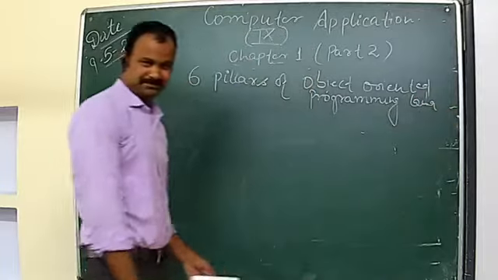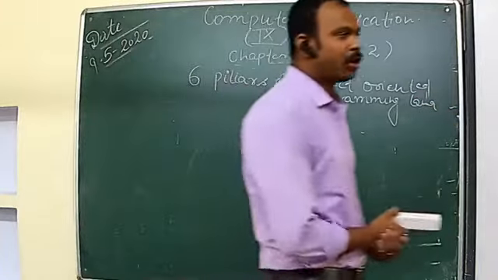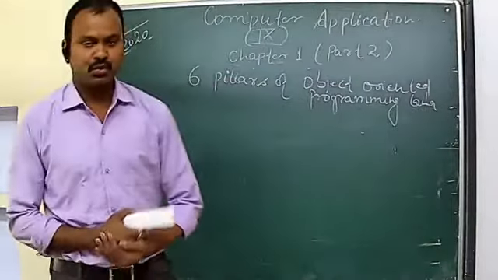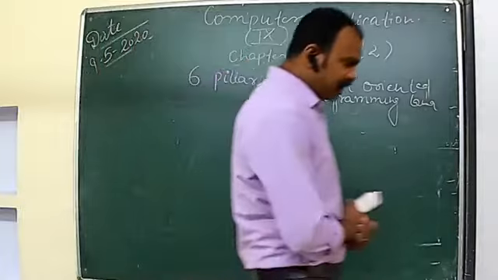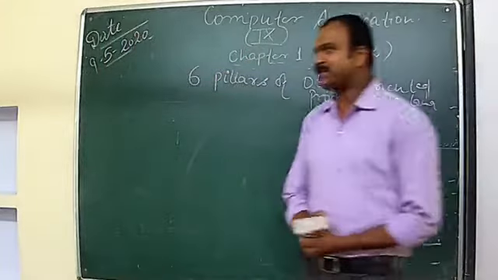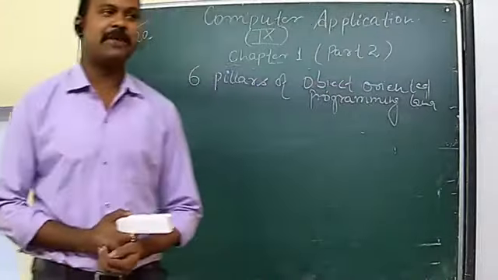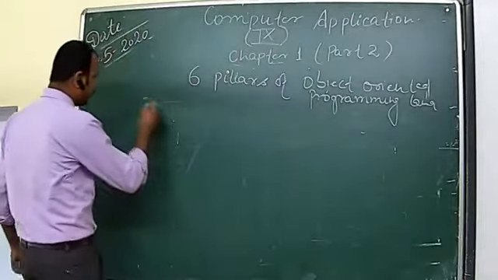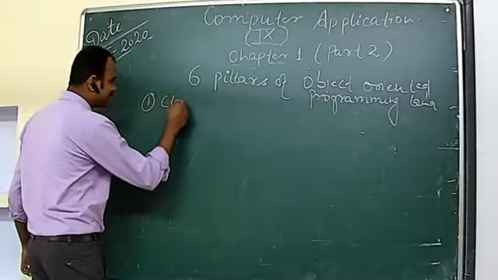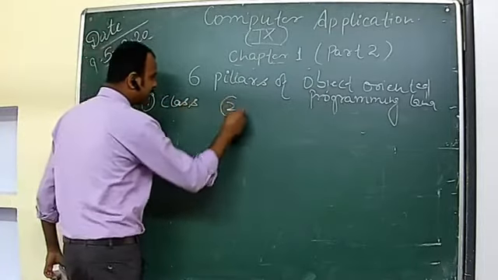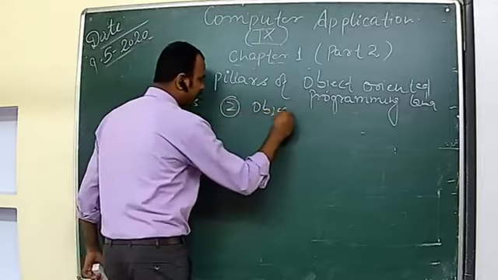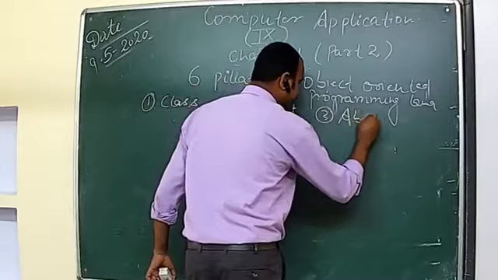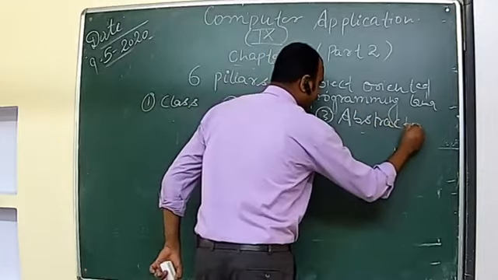We are well aware that in object-oriented programming language we use class and objects, to simplify or to relate the real world objects, to solve a problem. So let me write here: first one is class. Second one is objects. Third one is abstraction.